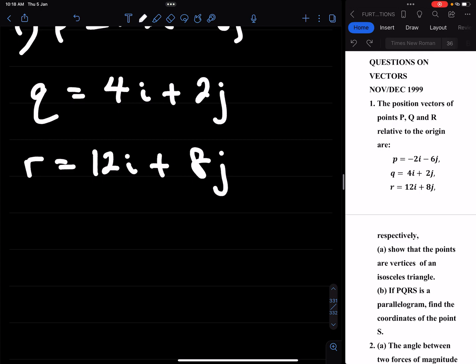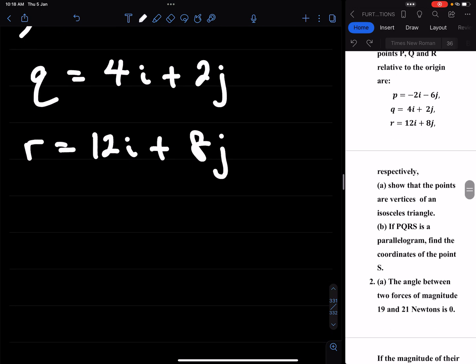Question A: show that the points are vertices of an isosceles triangle. Question B: if PQRS is a parallelogram, find the coordinates of the point S.